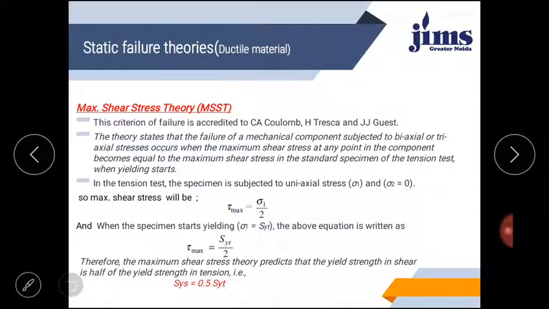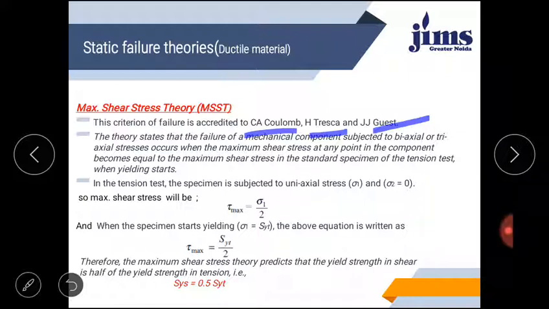I think this theory was proposed by C.A. Coulomb, H. Tresca and Guest. These are the scientists who developed this theory of failure or criteria of failure.